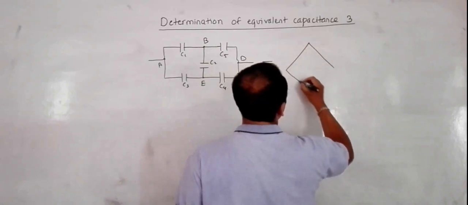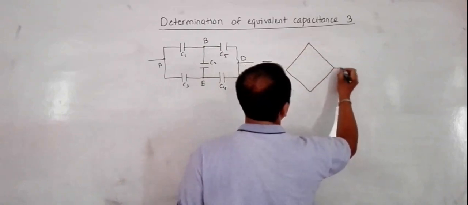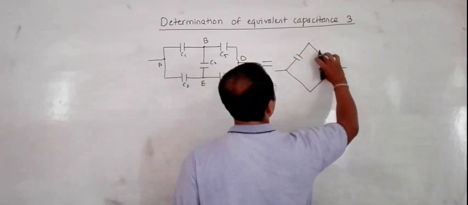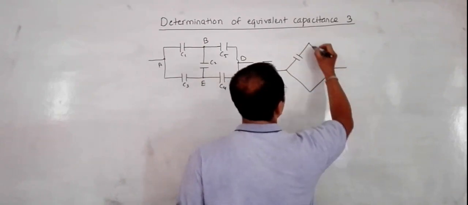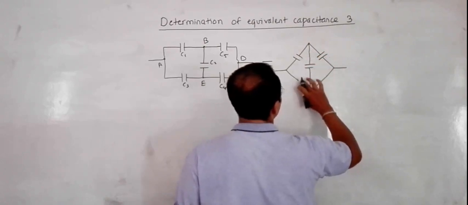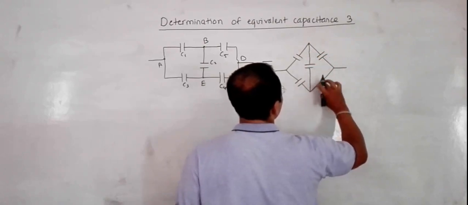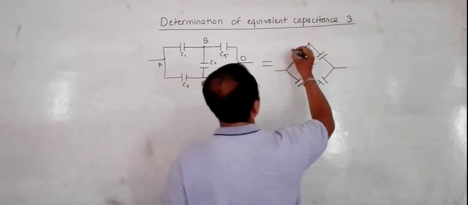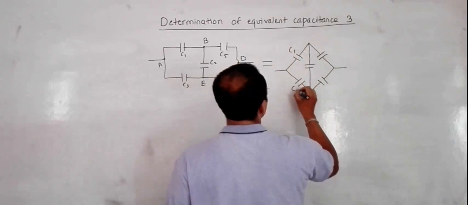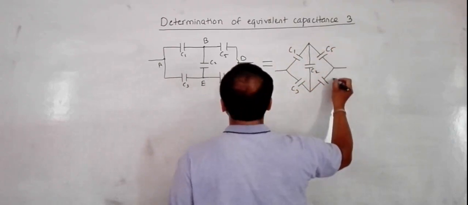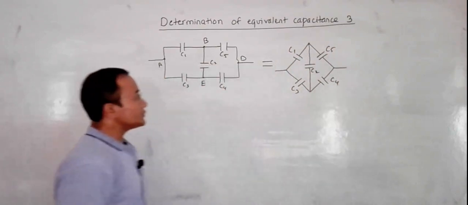So if I construct a circuit like this, here we have a capacitor, here a capacitor, and in the middle also a capacitor. Here also a capacitor, and here also a capacitor. Now the naming will be: this is C1, this is C3, this was C2, this is C5, and this is C4.